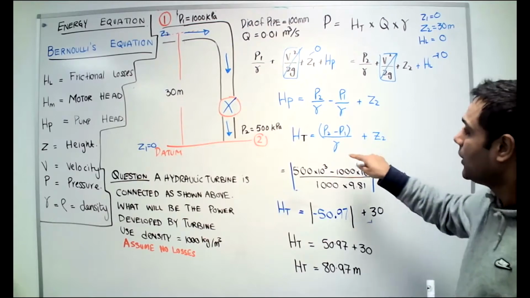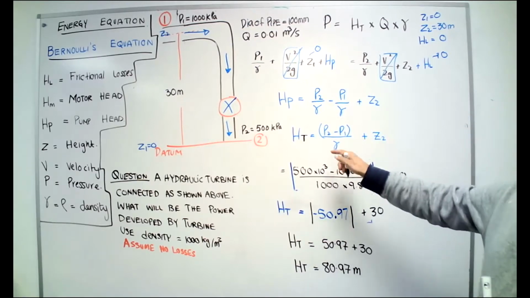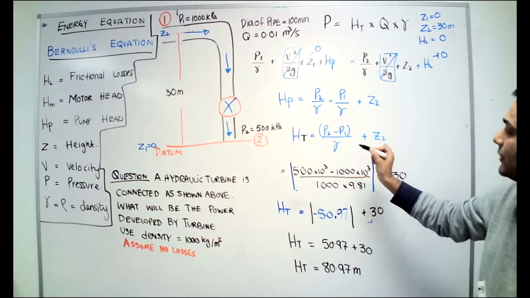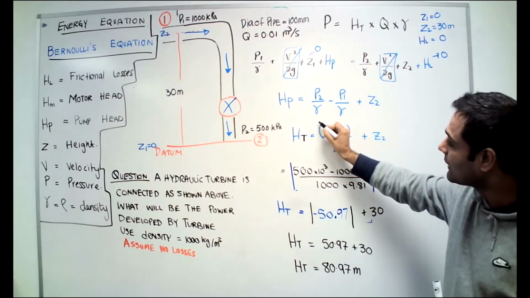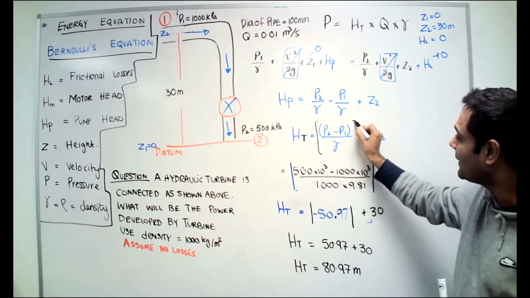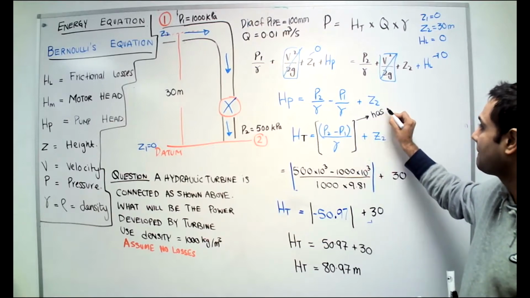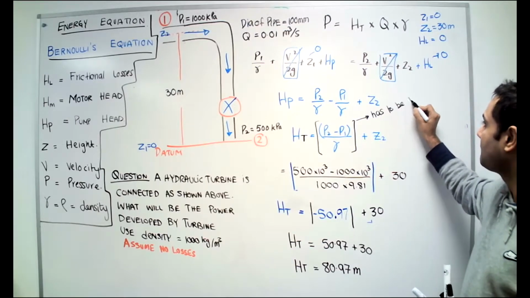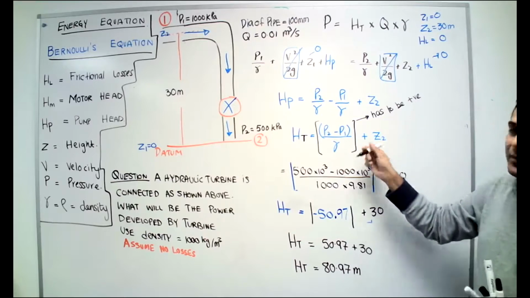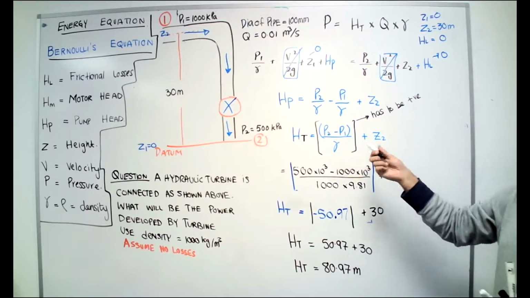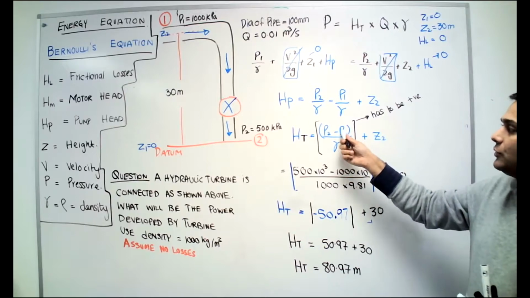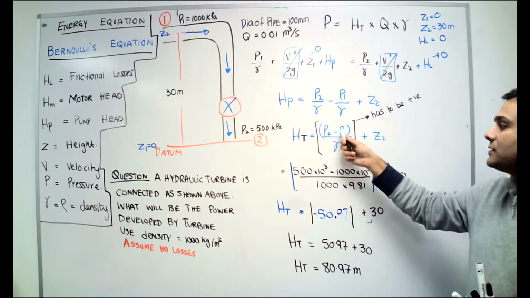Now, because it's the height, it's the length, the one in the bracket can never be negative. So this has to be positive, and because it has to be positive, I put it under the mod. Another way of doing that is to make sure you do the bigger pressure minus the lower pressure.